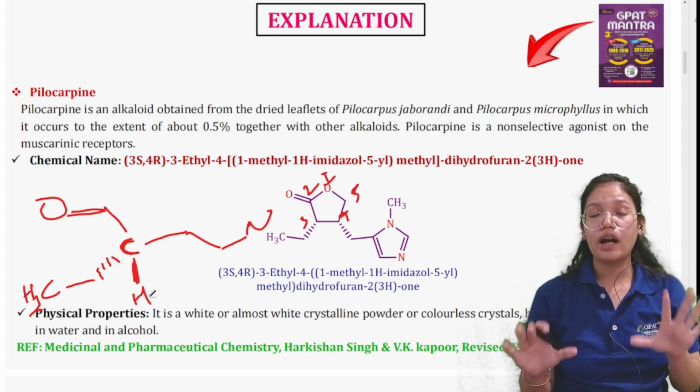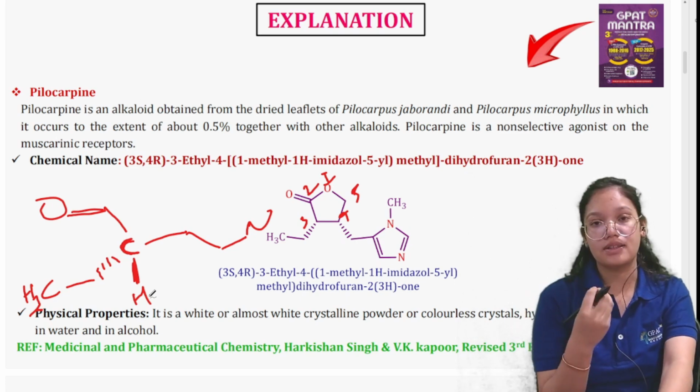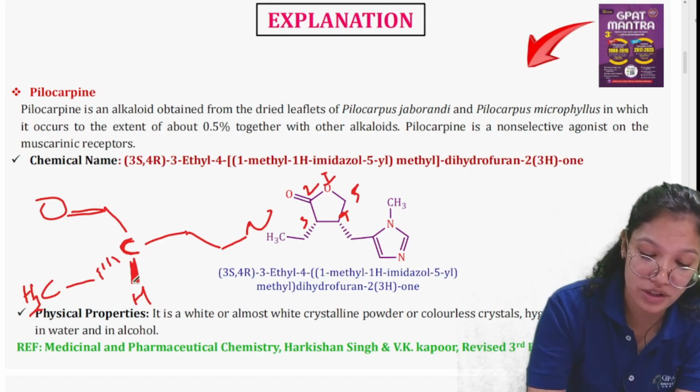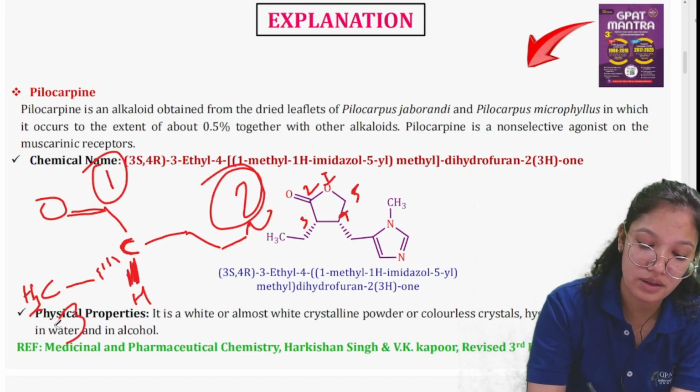Now remember that the hydrogen here is towards us, towards the plane, not behind the plane. So priority is starting from oxygen, then nitrogen, then the 3rd.